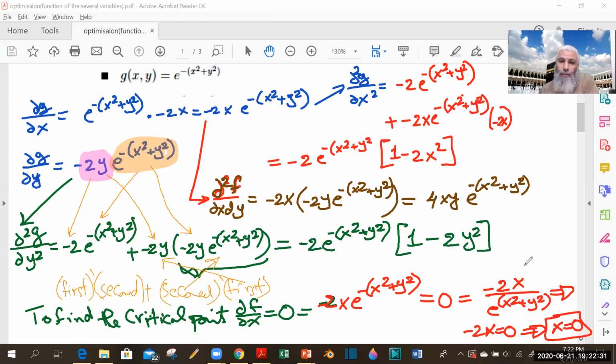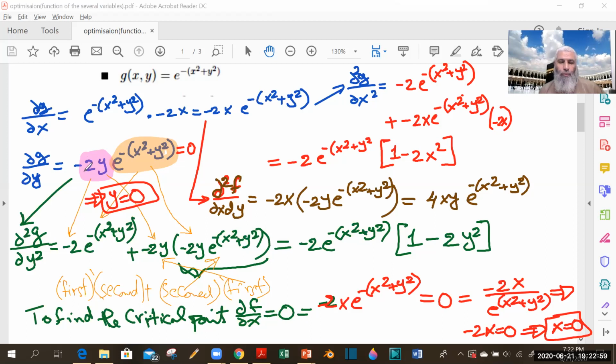Hello? I'm here. I'm listening. So x equal to 0, and from here, if we equal this to 0, we will get y equal to 0 again, because e power anything cannot be equal to 0.